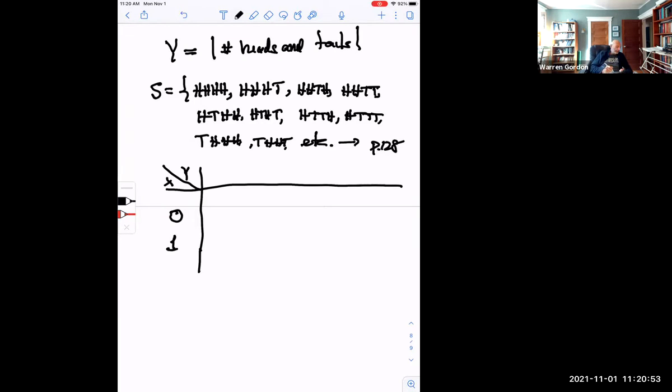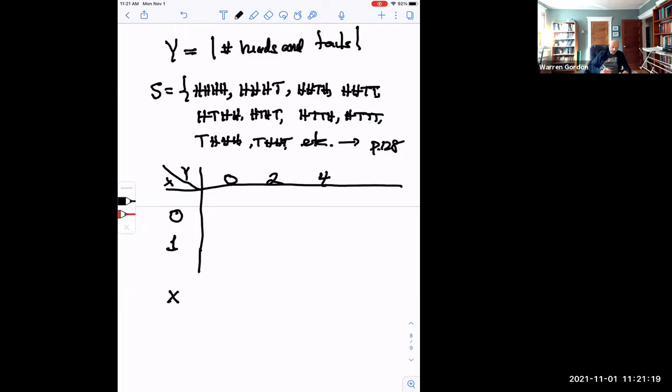What's the difference between the number of heads and the number of tails I can have? I claim it's 0, 2, and 4. Let me illustrate how I get some of these numbers.